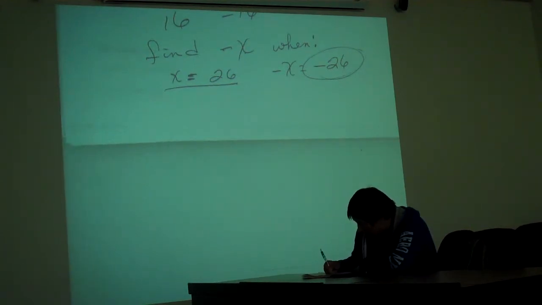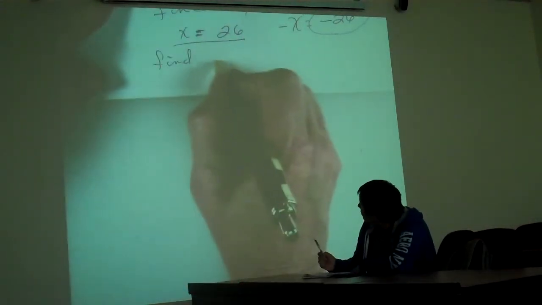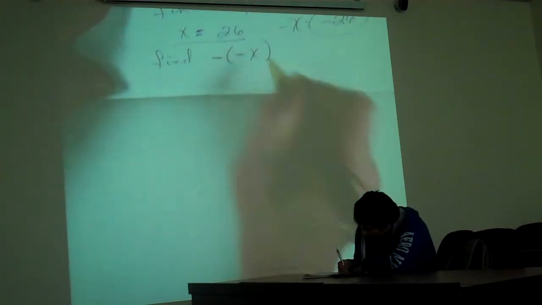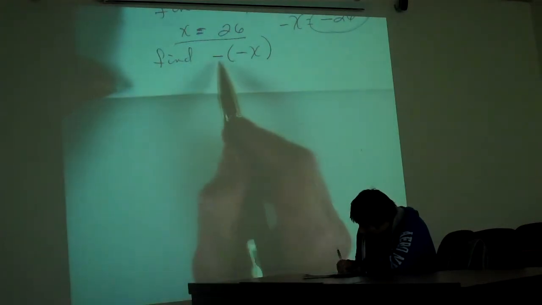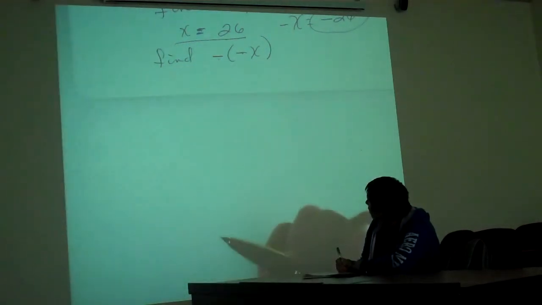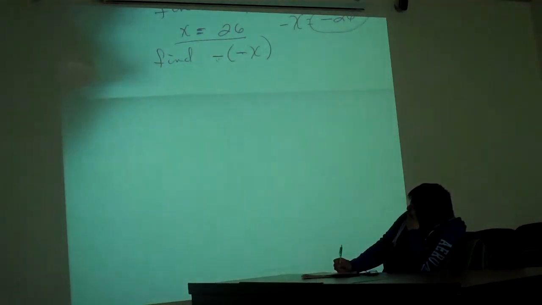And then it has some that say find negative negative x. What's the opposite of an opposite? Positive. It's the same thing, right? So the opposite of the opposite is going to be whatever x is.